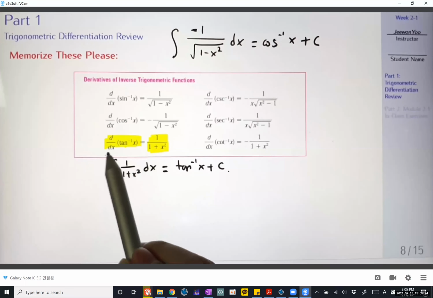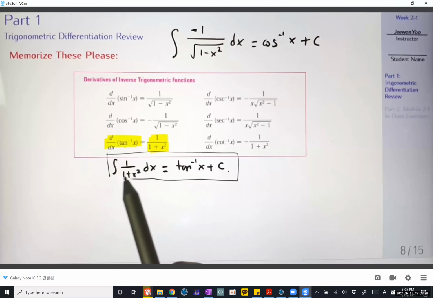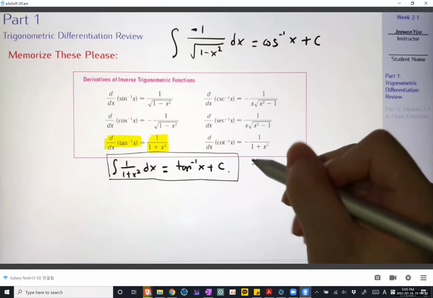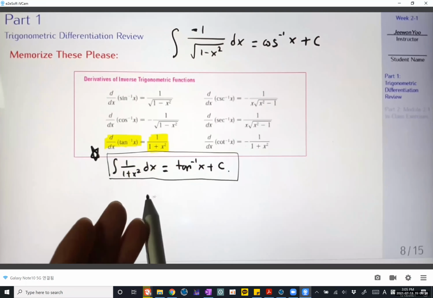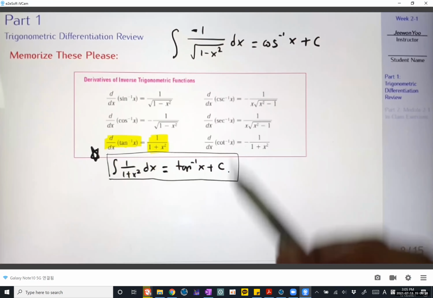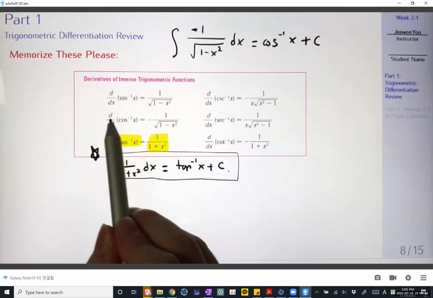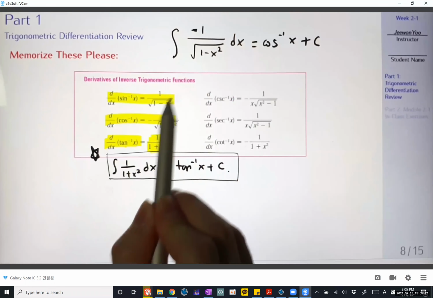Because it's my favorite one, the chance of you seeing this on the exam is very high. Put a star. Of course, it doesn't mean you only have to memorize this. I want you to memorize these two at least, this guy and this guy.